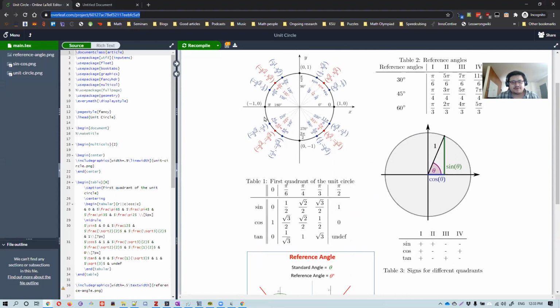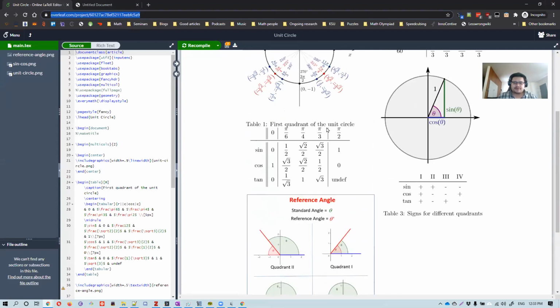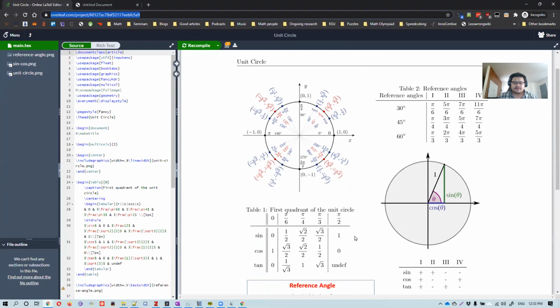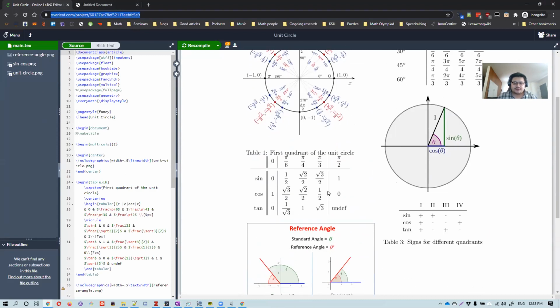So this is the whole unit circle. But usually when you're taught it, you're not taught the various structures and properties that are within it. So I wrote a few things down that showcase it. The first is this. You should know the trig functions at all the special angles in the first quadrant. And you can see there are patterns here.